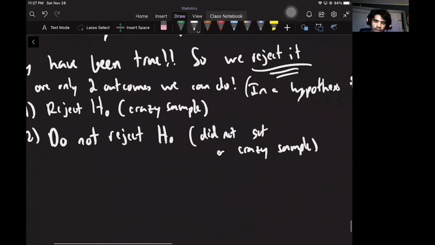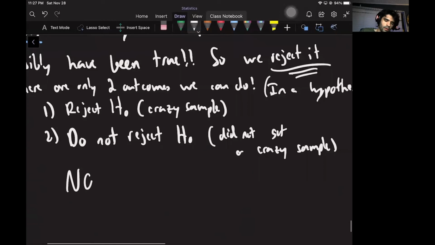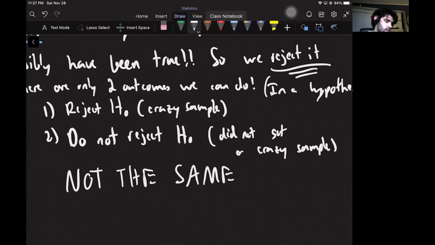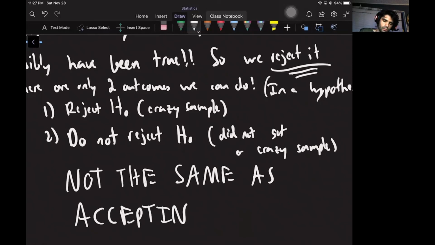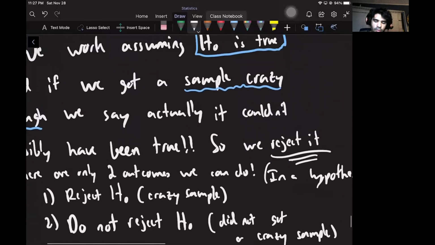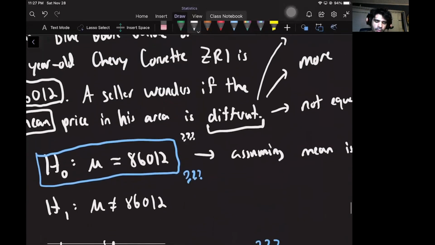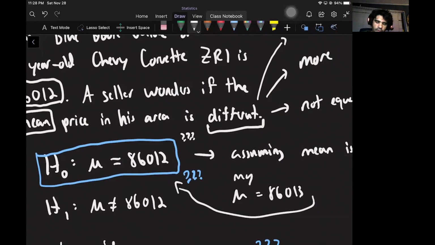That's the idea. And so I have to write this in all caps. Never accept the null hypothesis. This is not the same as accepting the null hypothesis. So if I got a sample that was 86,013, I'm not going to run and say, aha, I know this is true.